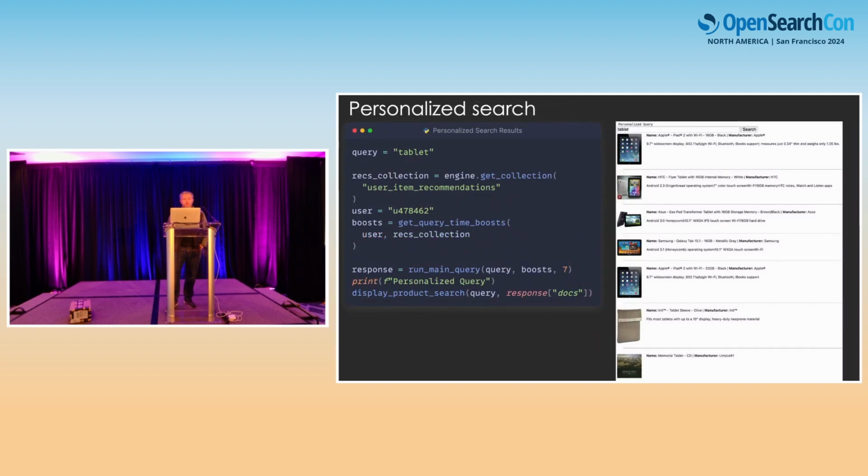So what I'm going to do instead is implement personalized search. I'm going to take their search for tablet and still run it. But among the results that are coming back, I'm going to boost results higher if they also match the collaborative filtering aspect. So this is sort of marrying recommendations with search results, or you can think of it as taking your search results, taking your recommendations that also match those search results, boosting based upon the recommendations, and then including the rest of the results.